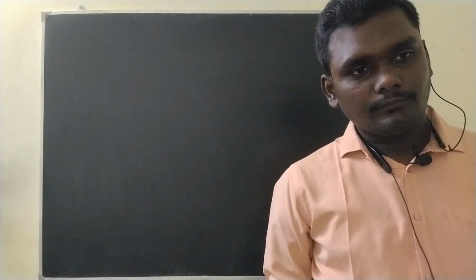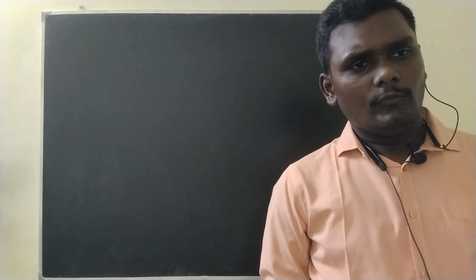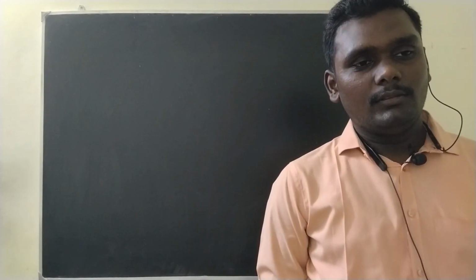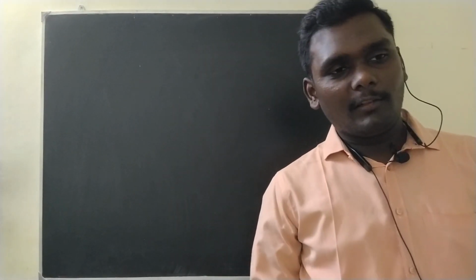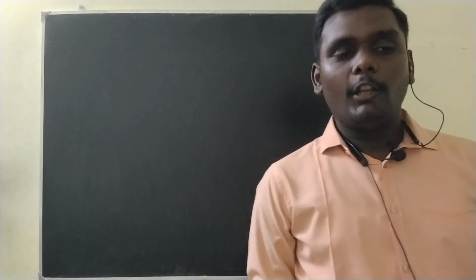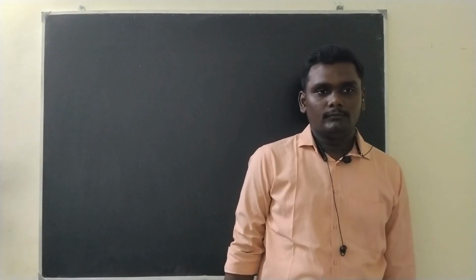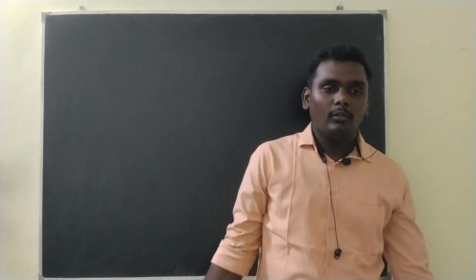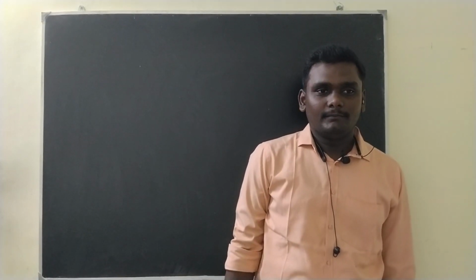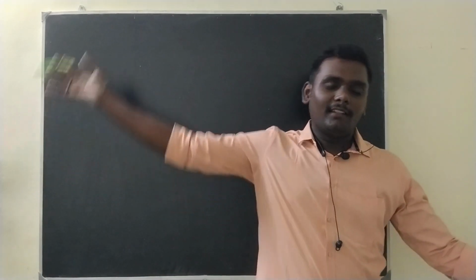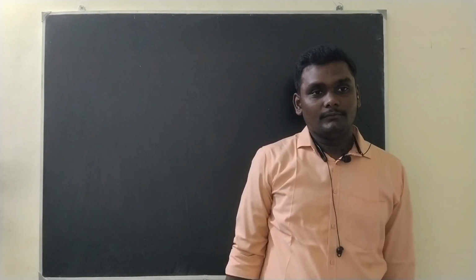Pi is never equal to any other number, so it approximates to 3.14. And do you know the digits of pi? You can simply Google it. It has lakhs and lakhs of decimals going on.